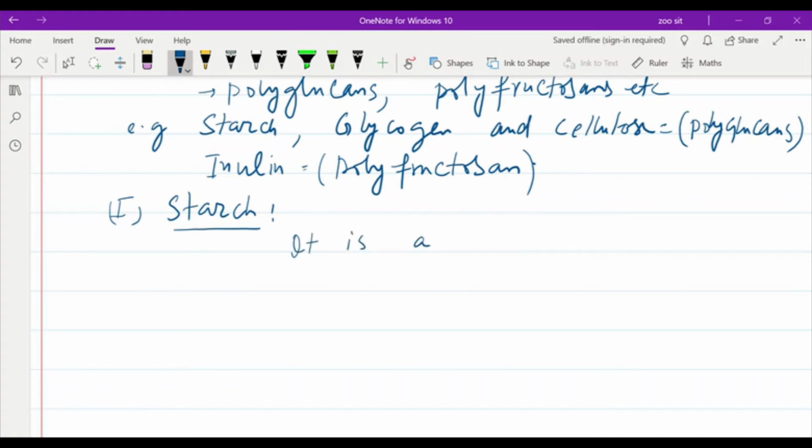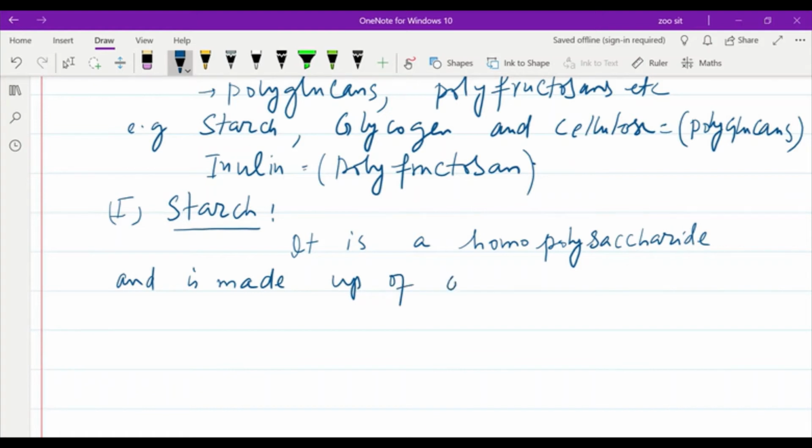It is a homopolysaccharide and is made up of only glucose units.